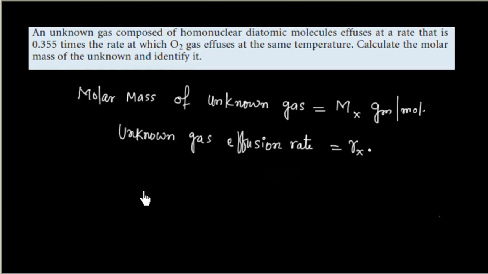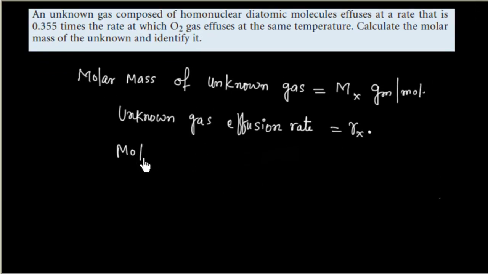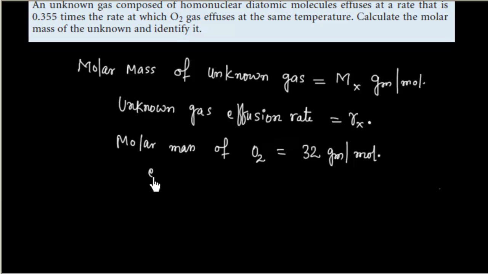Similarly for oxygen, we know the molar mass of oxygen is 32 gram per mole. Now the effusion rate for oxygen, let us say this is RO2.